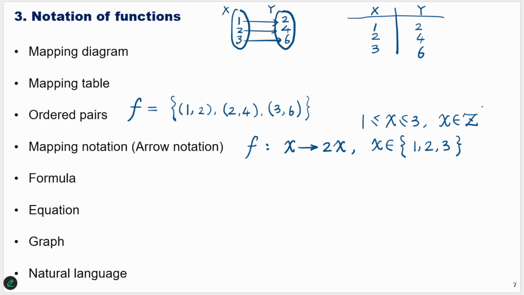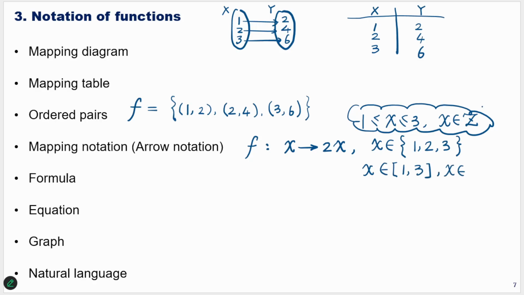They're actually the same thing. Or you could also write x belongs to the interval from 1 to 3, inclusive both sides, and x belongs to the integer set. Again, they are the same thing, right? But if you have some separated, isolated points, it's better to use this notation here.